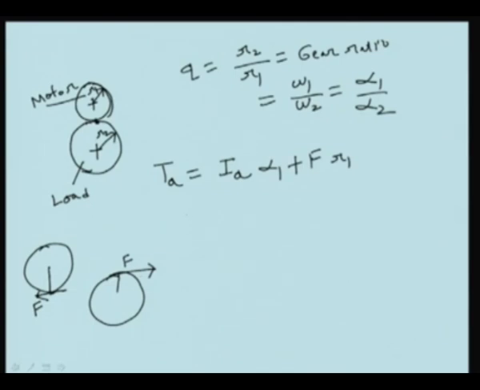So F R2 is equal to IL times alpha 2 plus TL, where TL is the road torque.